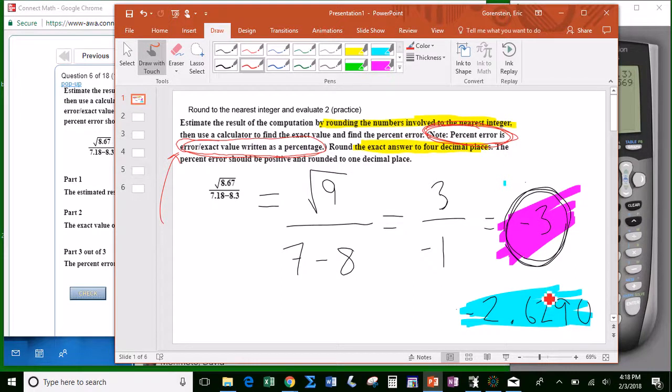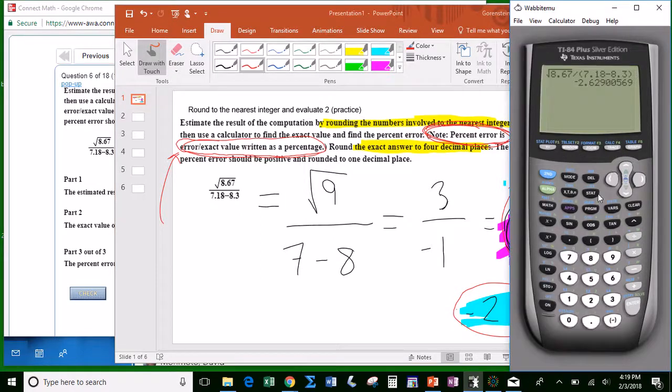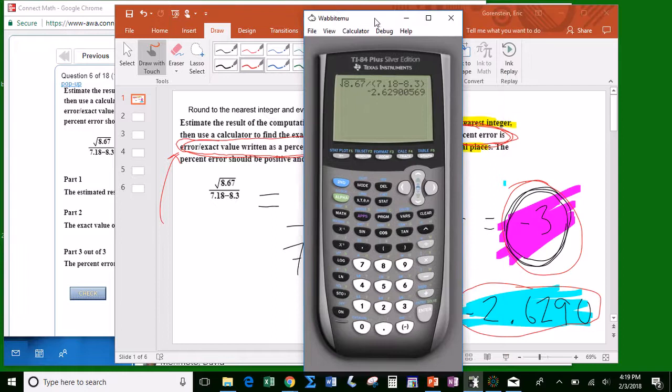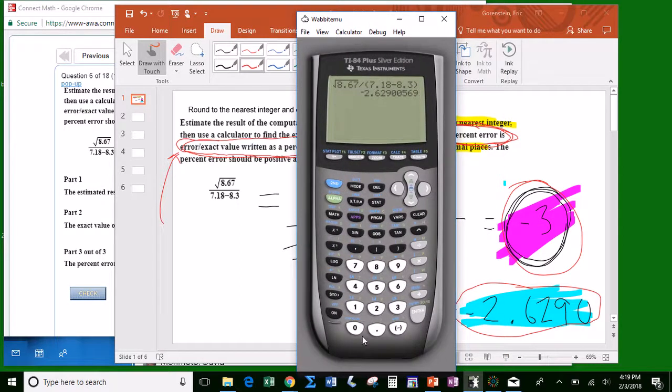Okay, so the error is the difference. Down here, this is what the calculator gave us, and this is what our estimation was. There's a slight difference between them, a little less than 0.4. So let's take the difference between these two numbers.